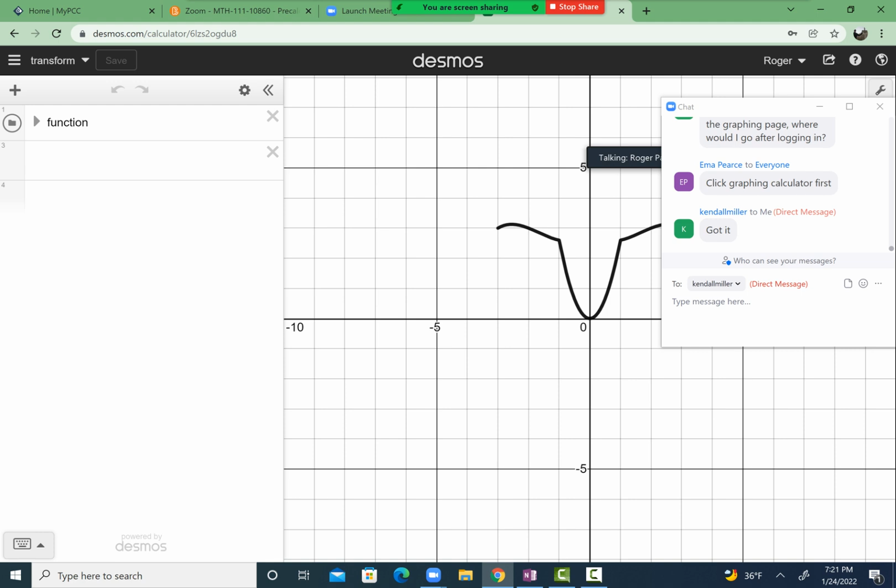So in geometry, when we do transformations, we take shapes, and one of the transformations we do is called a dilation. Okay, and a dilation stretches it. Right.